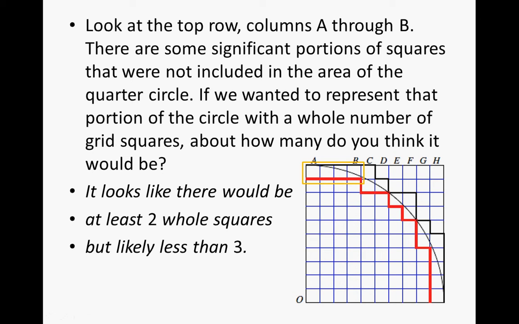Well, it looks like there would be at least 2. We could make 2 full squares, but less than 3. So if we took the little pieces and parts here, we could probably make 2 full squares, but not 3. So we're looking at these little bitty pieces.